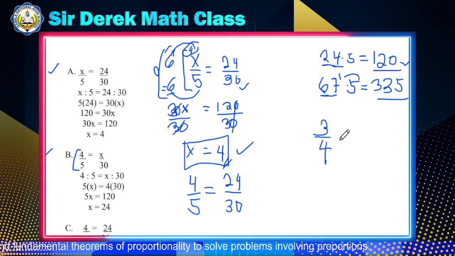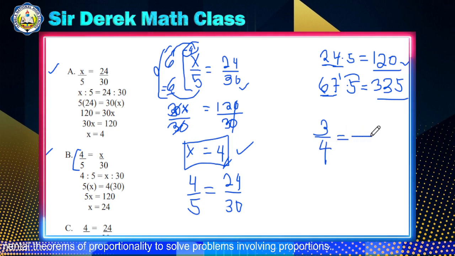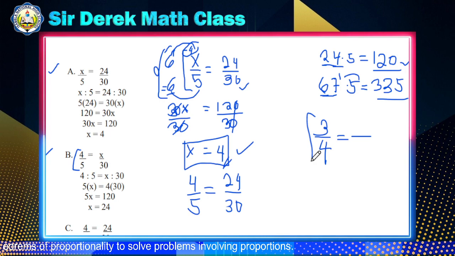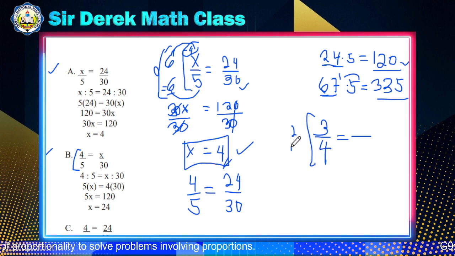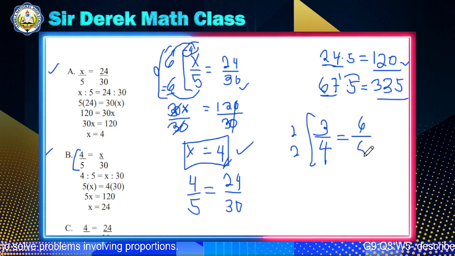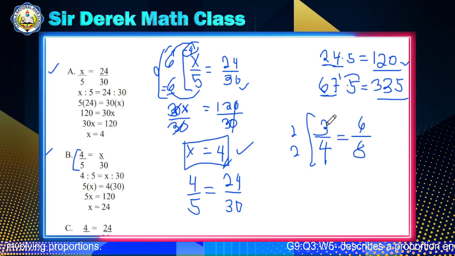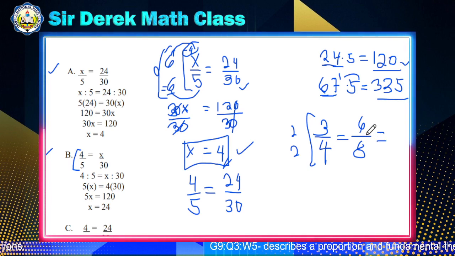Halimbawa, ano yung mga katumbas nito na proportion? So, kung magmumultiply ako dito ng 2, 2 times 3 is 6, 2 times 4 is 8. This new ratio is proportional to this. What other ratios form a proportion to 3/4?